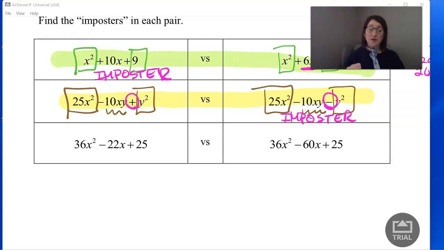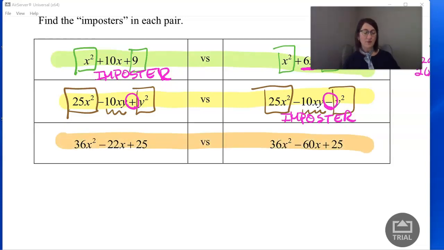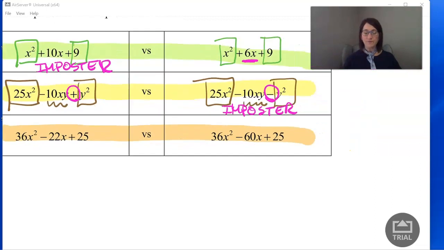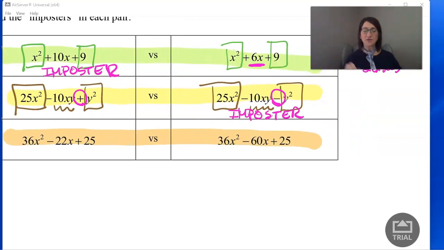Okay, so, oh, I didn't mean to do that. Figure out which one is the imposter. The one on the left or the one on the right. Okay, so what we want to do is create our binomial squared. Take the square root of 36x squared, which is 6x. The square root of 25, which is 5.